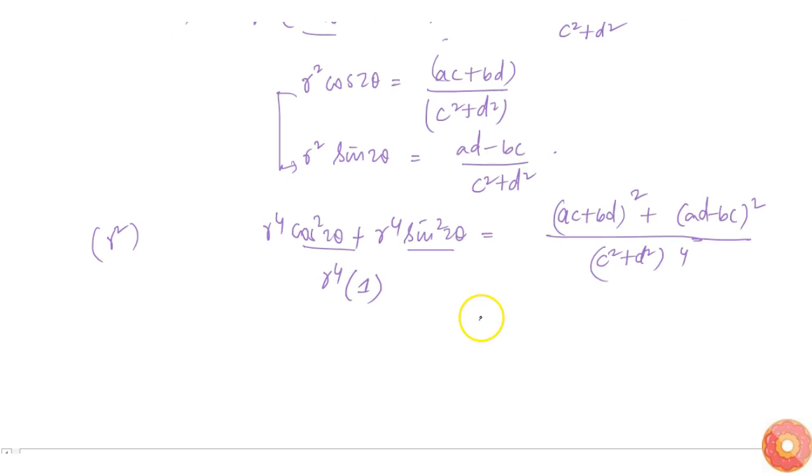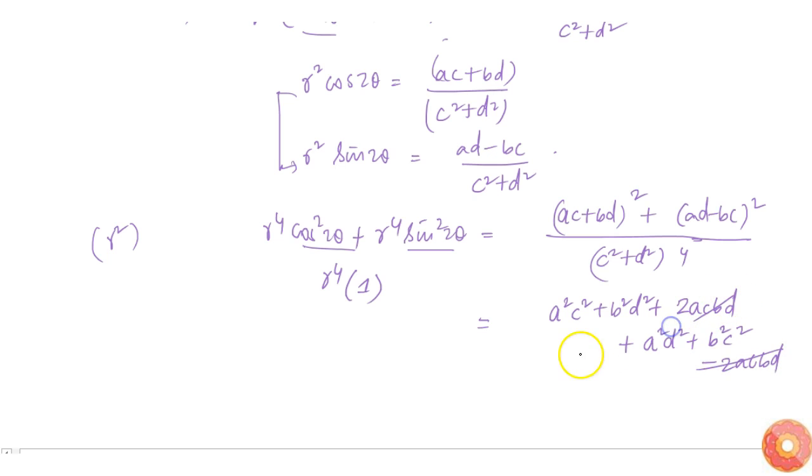This I can write as a square c square plus b square d square plus 2acbd, plus again a square d square plus b square c square minus 2acbd. This part gets cancelled. This whole thing by c square plus d square whole power 4.